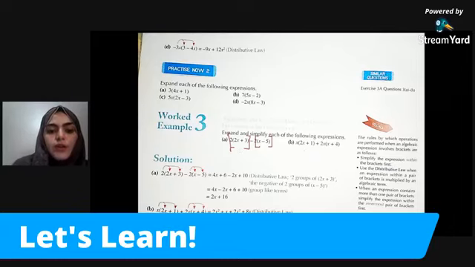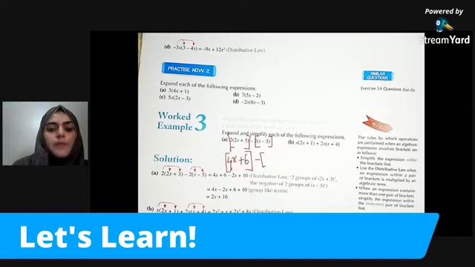So 2 into 2 is 4, and x comes here down as it is. Then plus 2 times 3 is 6. And this whole thing will come in a bracket. I'll show you what will happen if I am not going to put a bracket here.